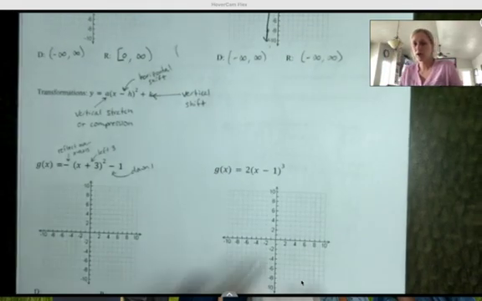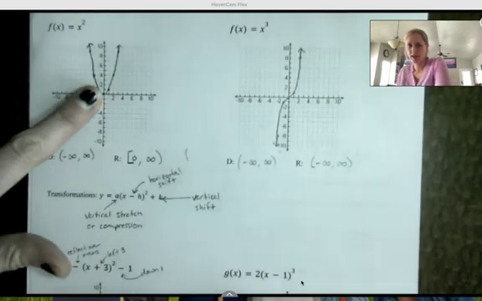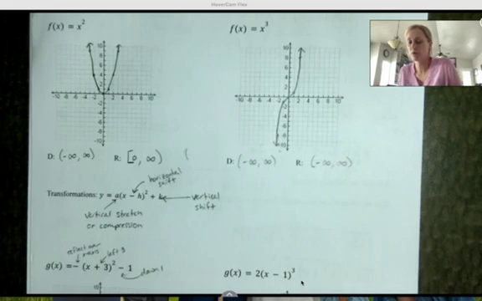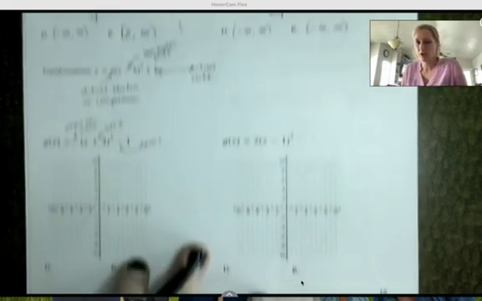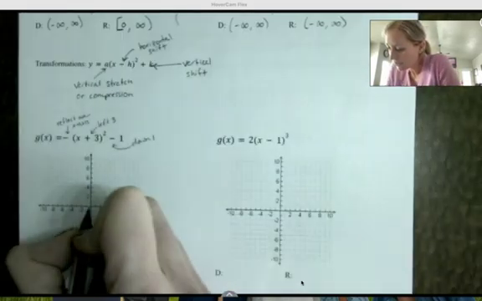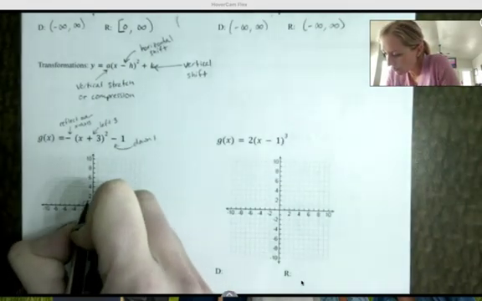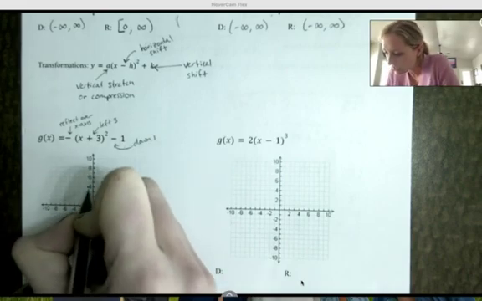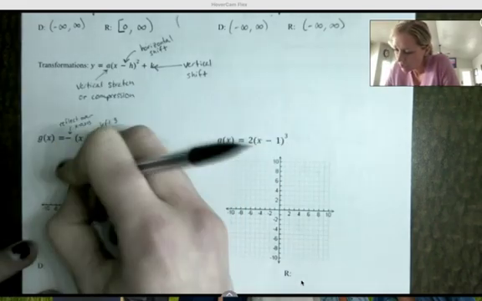Okay, so we're going to take our parent function from up here, and I'm going to do these transformations. I want to go in the order in which I would do order of operations. I want to go left 3, then reflect, then down. So this is 1, 2, 3. So this is the parent function.